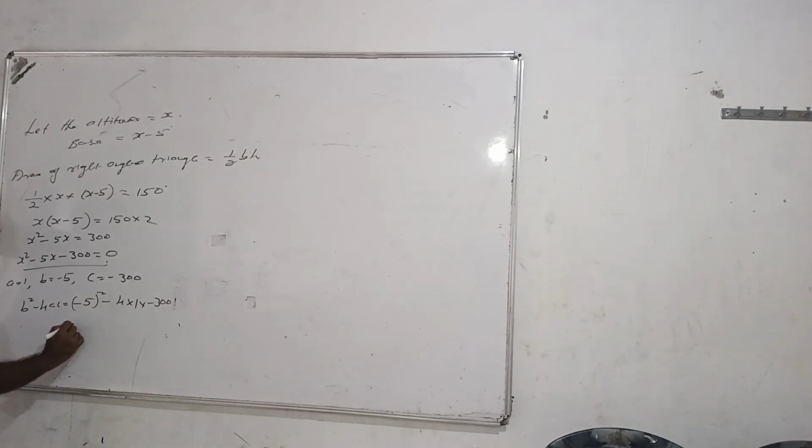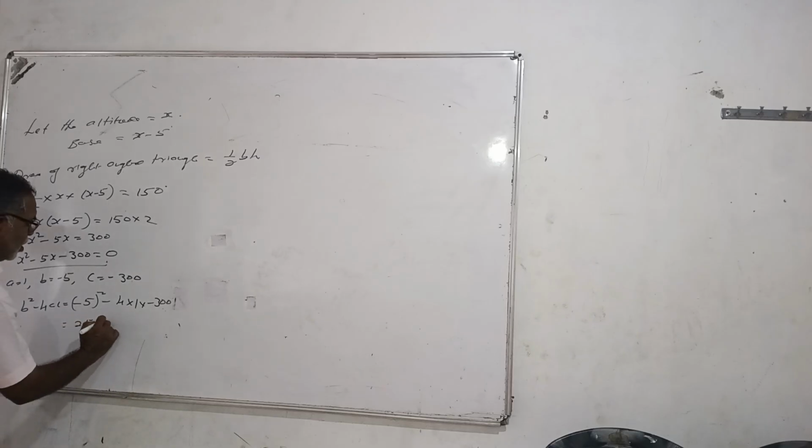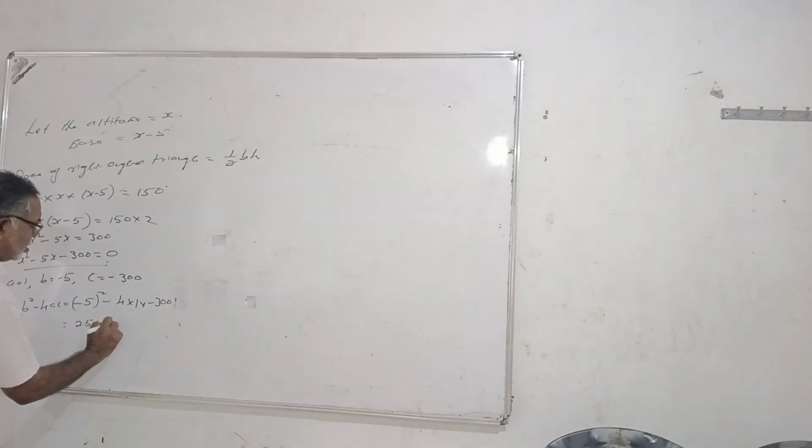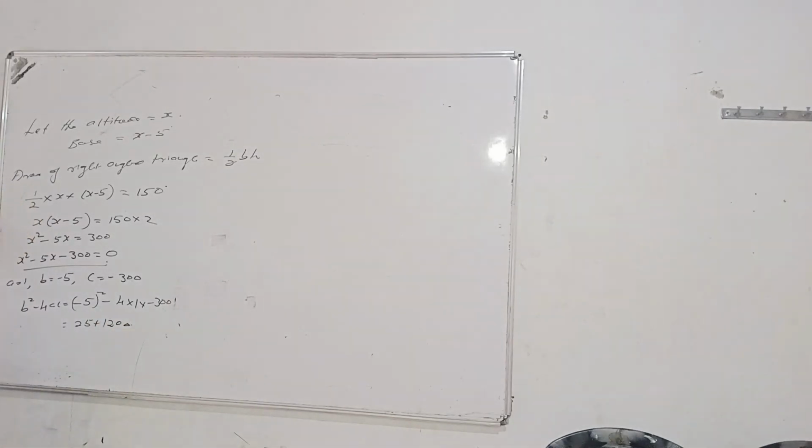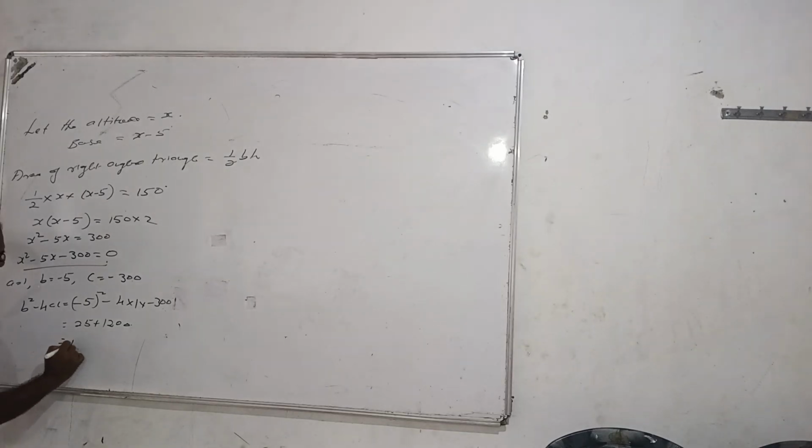That is 5 square 25, minus into minus plus, 4 into 300 is 1200. So that is equal to 1225. 1225 is the b square minus 4ac.